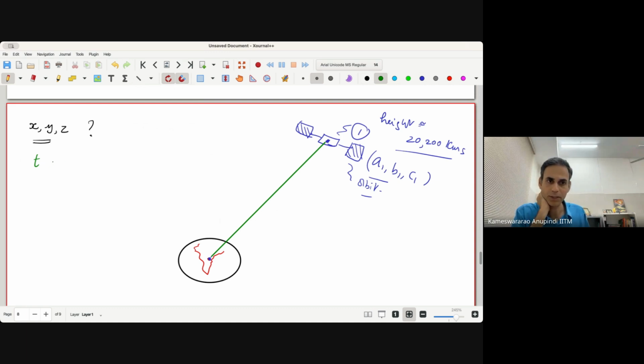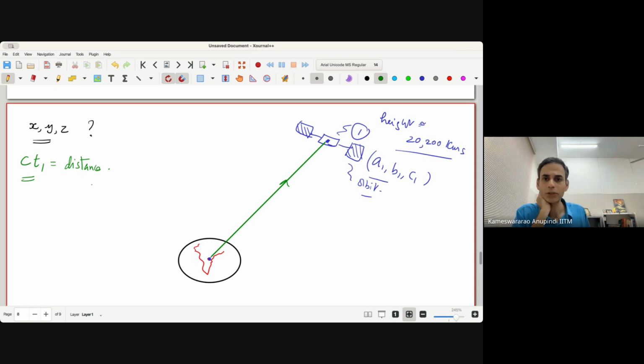The signals are not traveling with the speed of sound, because that is too slow. The signals are electromagnetic radiation, so they travel with the speed of light, c. If it takes some time t1 to reach, then c times t1 is the distance between ourselves and the satellite.